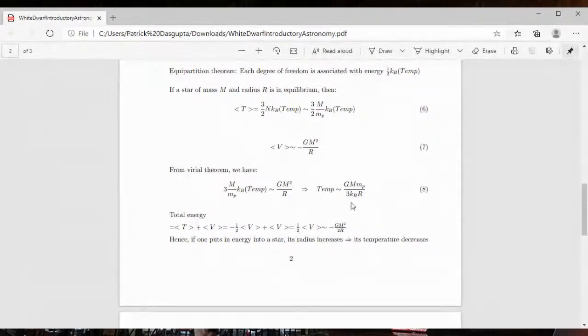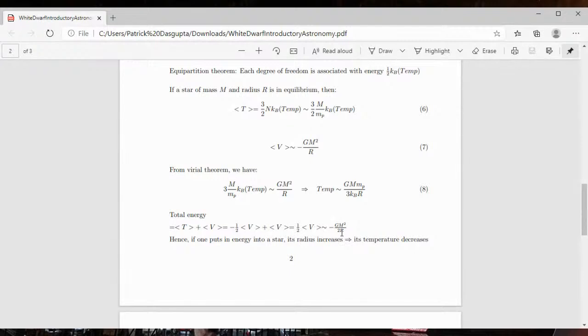Now look at these two results. Total energy is negative, of course, because it is a bound system. Star's total energy is negative. And for a given mass M, the total energy, because the size of the star is in the denominator, if R increases, then the total energy actually increases because it becomes less negative.